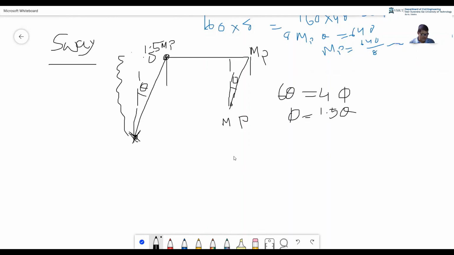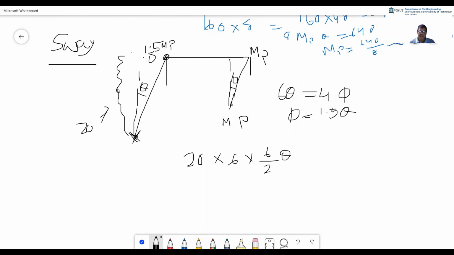So now what is the external work done? The external work done will be equal to 20 kilonewton per meter. So span is 6, 20 into 6, okay, into half L by 2 delta. We can find out this value: 20 into 6 into delta by 2, because we take the average value.